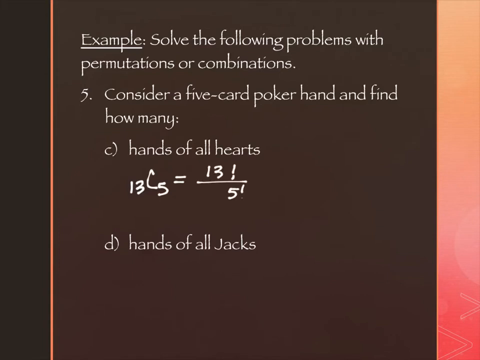What else is on bottom? 8. 13 minus 5 is 8. So we'll write this out. 13 times 12, 11, 10, 9, and 8 factorial. And then 5, 4, 3, 2, and 1.